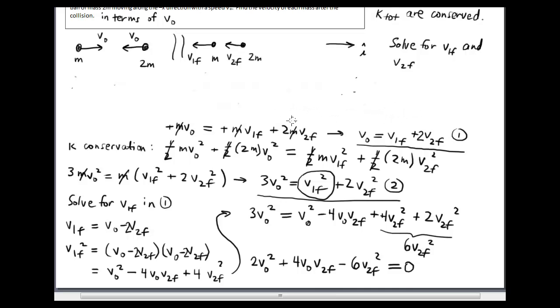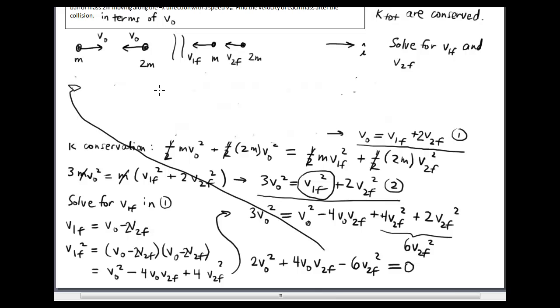All right, so what happens? Well, this equation down here then, I first can divide both sides by 2. And that will give me v0 squared plus 2 v0 v2 final minus 3 v2 final squared equals 0.